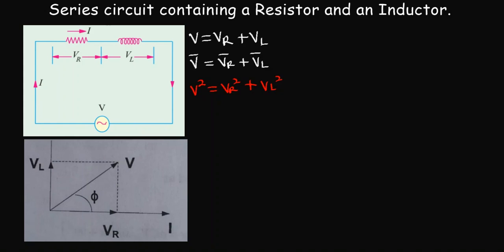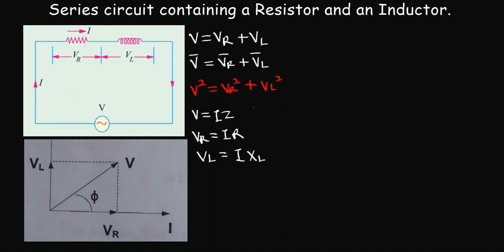We know that the total voltage in this circuit will be V, and that will be equal to the product of the current in the circuit times the impedance. The voltage drop across the resistor will be equal to the current times the resistance, and the voltage drop across the inductor will be equal to the current times the inductive reactance.